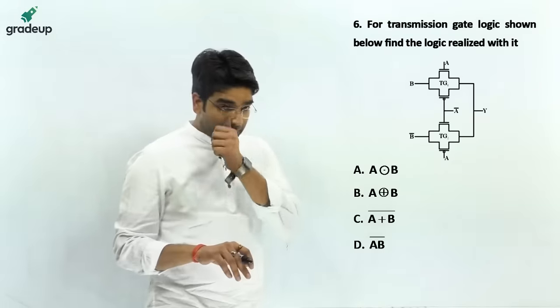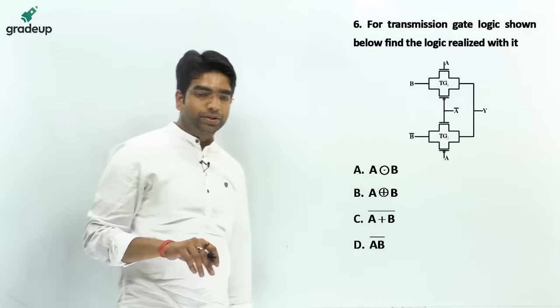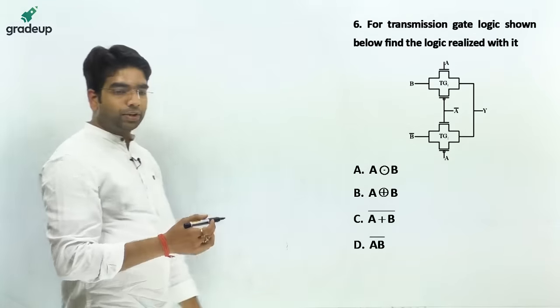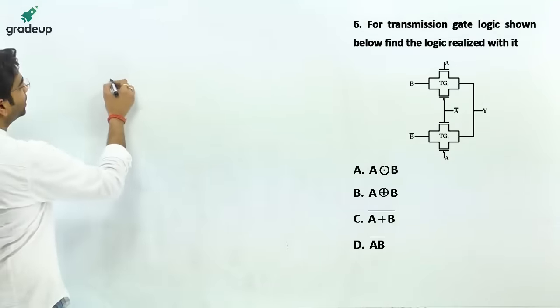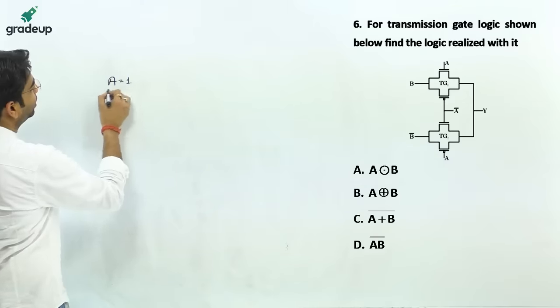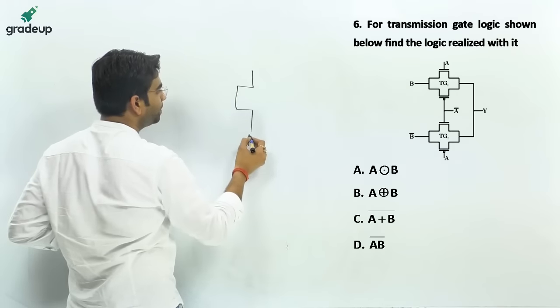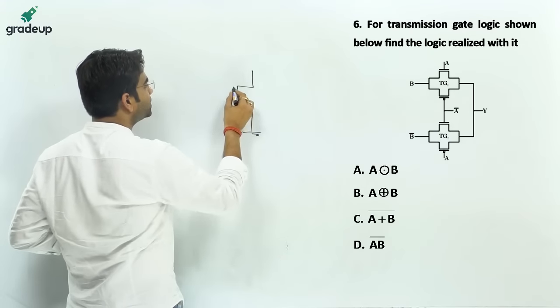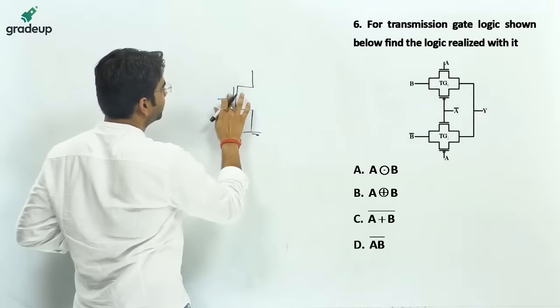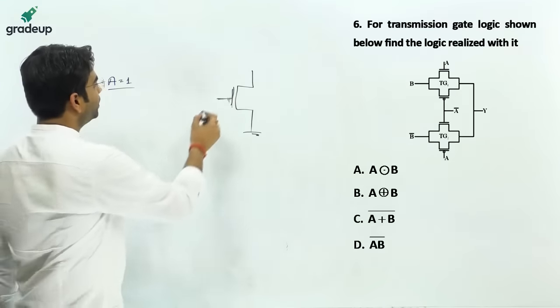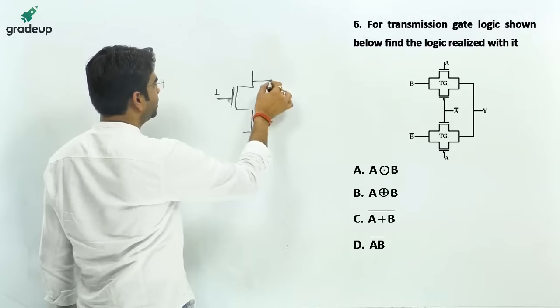C answer? No, it is wrong. See my friends, in this transmission gate logic which is given to you, if A is high or A is given as 1, let us take a concept. It is NMOS. When 1 is applied, it is conducting.